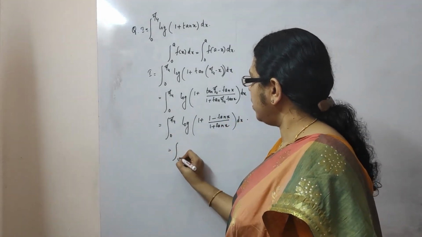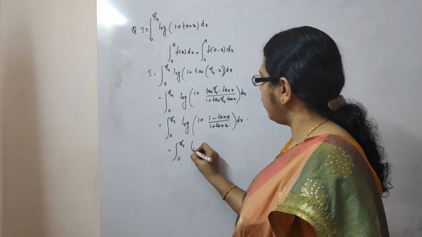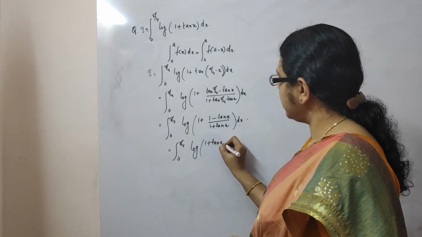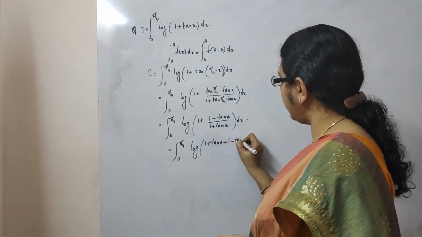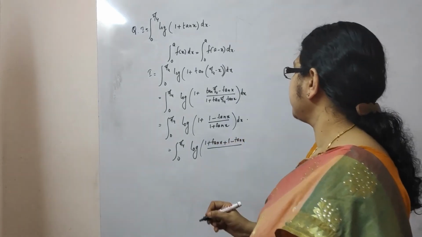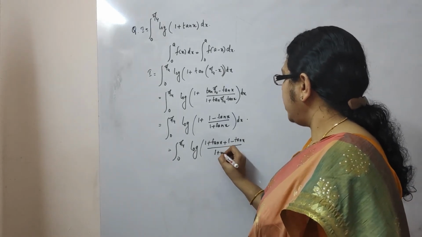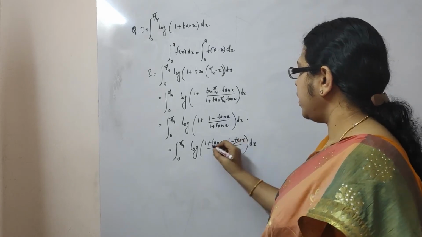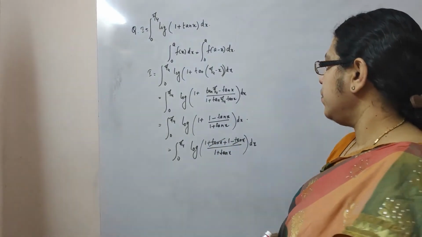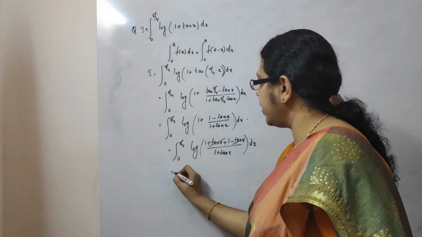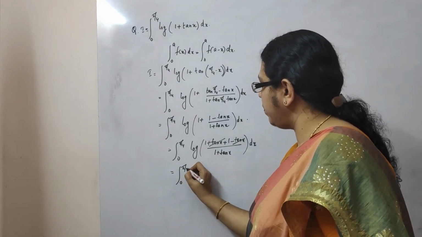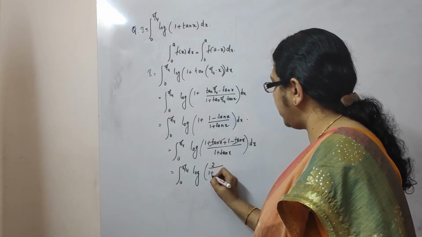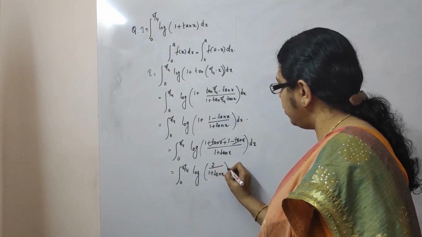Now this is equal to integral 0 to pi by 4 of log of, cross multiply, 1 plus tan x plus 1 minus tan x by 1 plus tan x into what? Dx. Now minus tan x and plus tan x will get cancelled. Now what do I get? This is integral 0 to pi by 4 of log of 2 by 1 plus tan x into dx.